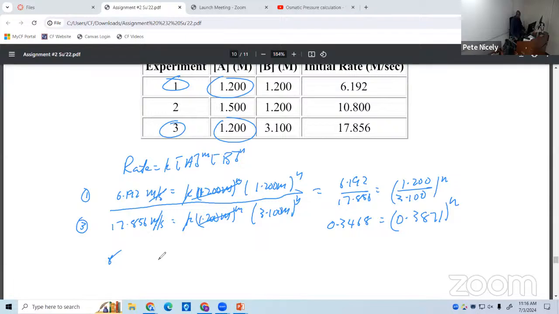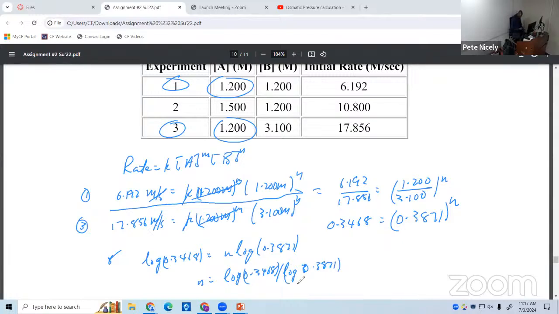But just to be sure, let me do the same thing as I did before. Log of 0.3468 is going to be equal to N times log of 0.3871. And therefore N would be equal to log of 0.3468 divided by log of 0.3871.